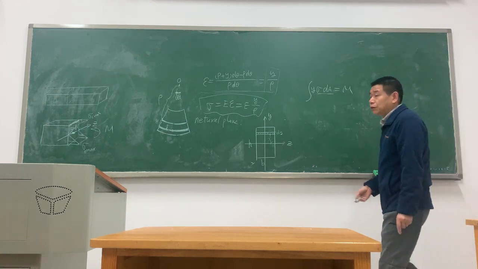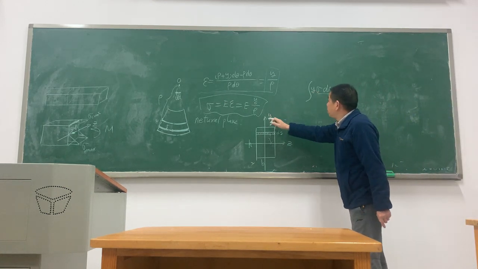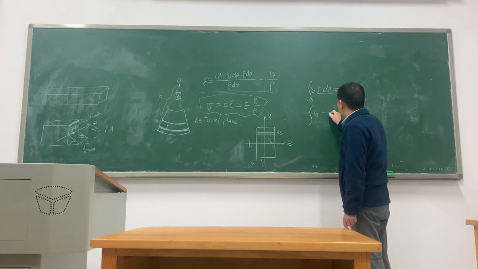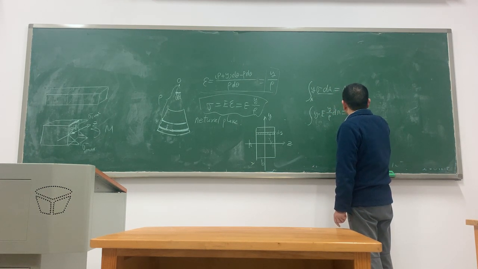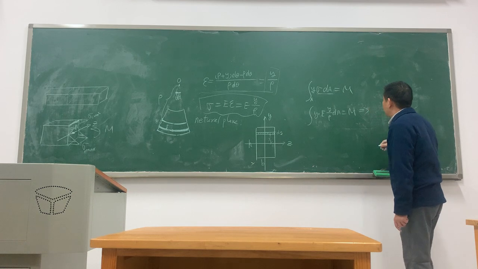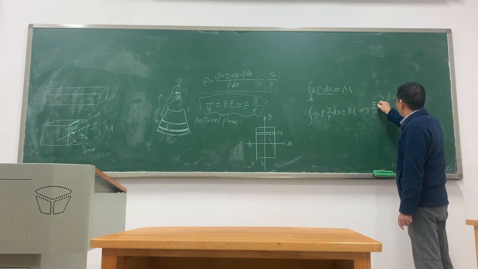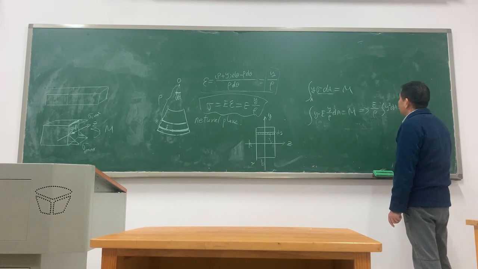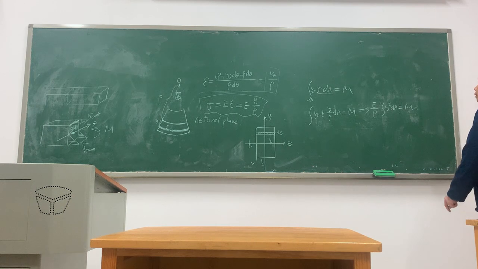It must be. So replace sigma by this, E y over rho, from the integral of y dA is M, we can get E over rho integral of y squared dA must be M. Yes or not?